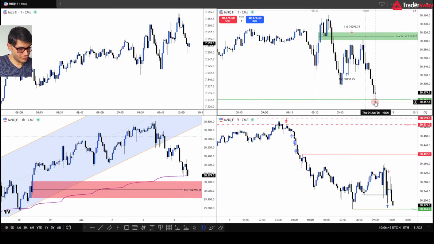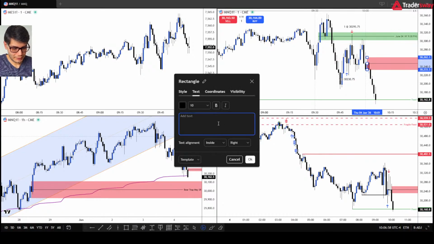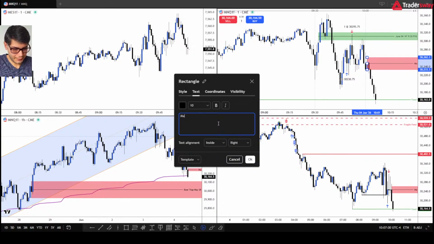Now I want to see aggressive buyers coming in, and I'm looking at this one. So here I want to say this is June 4, NY 10 a.m. bull trap.